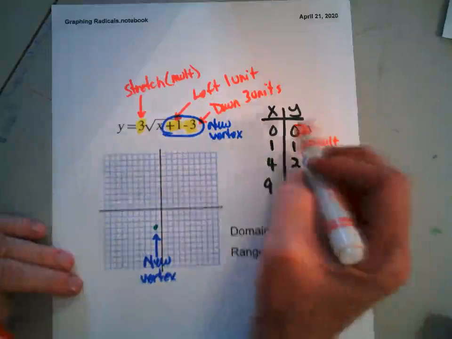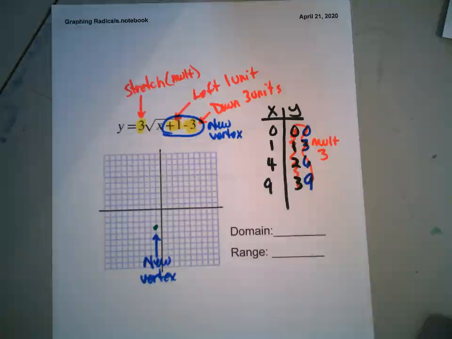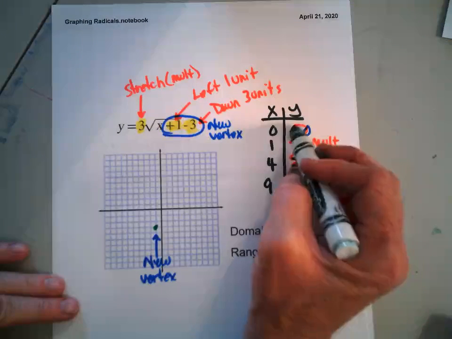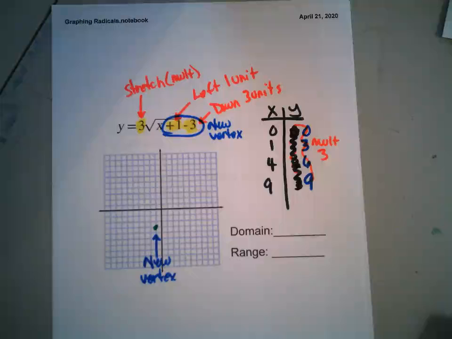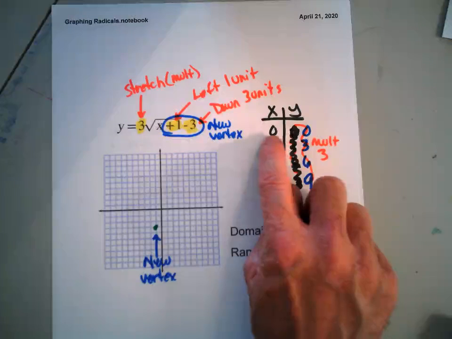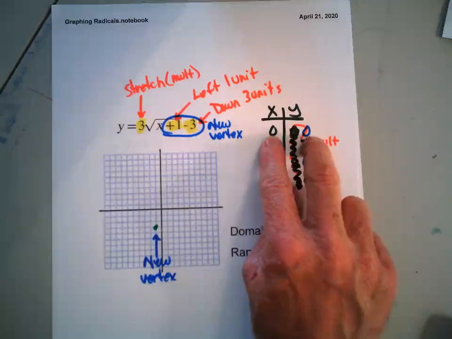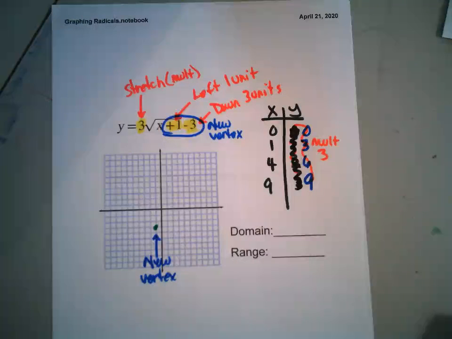And so these 0, 1, 2, and 3 have changed into 0, 3, 6, and 9. Tell you what, we're going to get rid of those completely so you can't see them anymore. And now, from our new vertex, we will plot the first point, which is 0, 0, which is always already graphed. That's the new vertex. So that one's done.